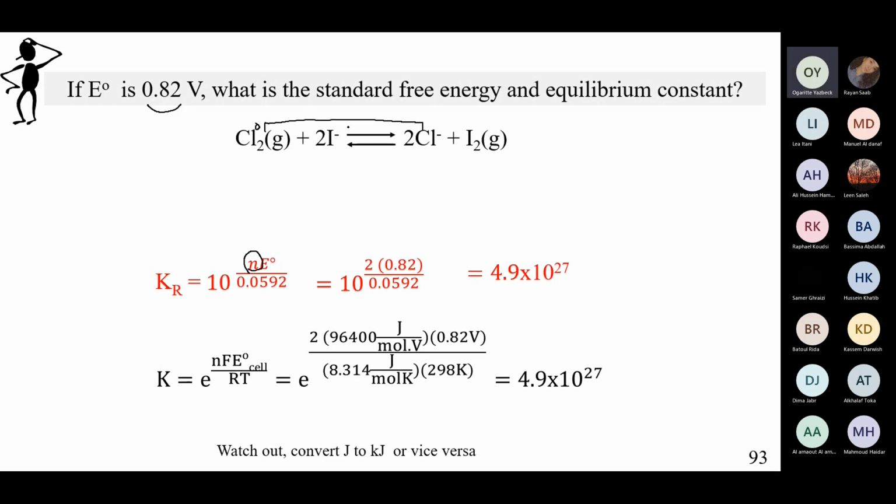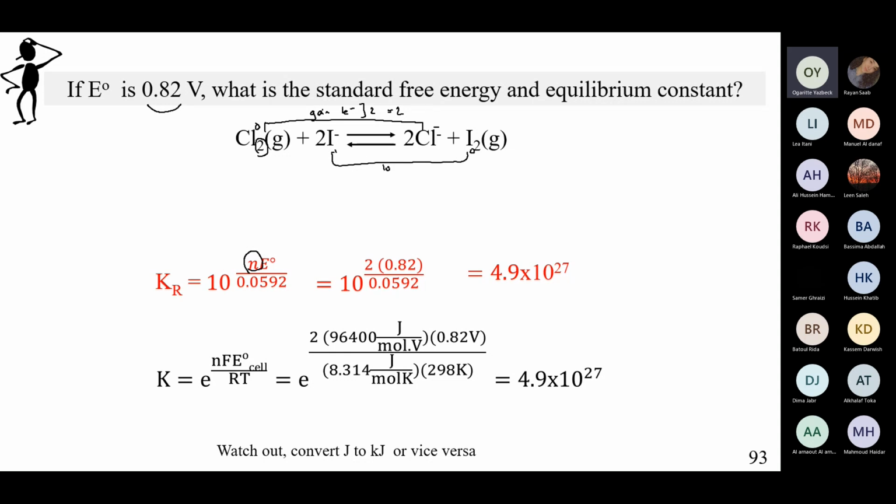From Cl0 to Cl minus, we have a gain of 1 electron, but we must multiply it by 2 because of the stoichiometry, there are 2 atoms of Cl. So there's a net of 2 electrons gained. Let's look at the iodine. Minus 1 becoming 0.